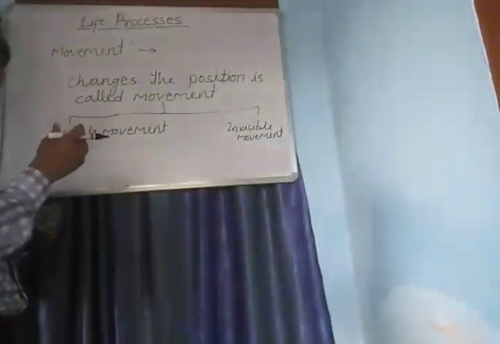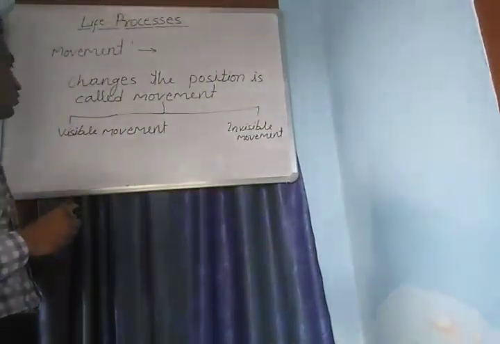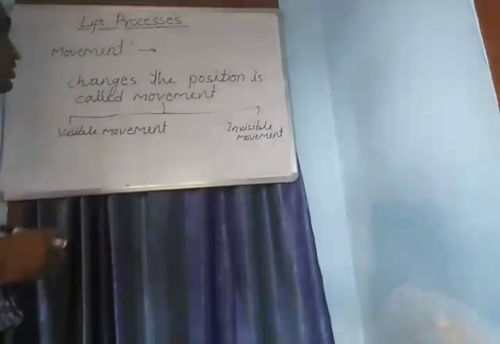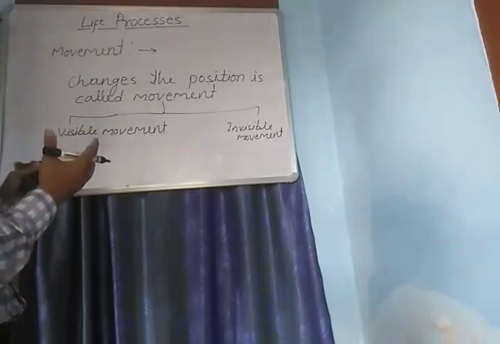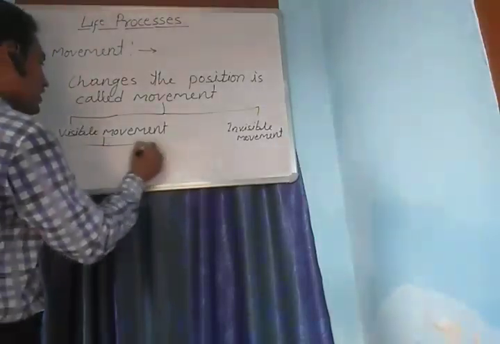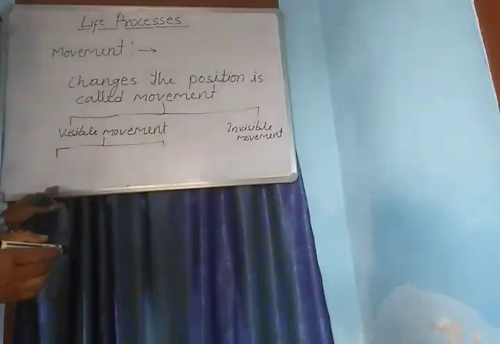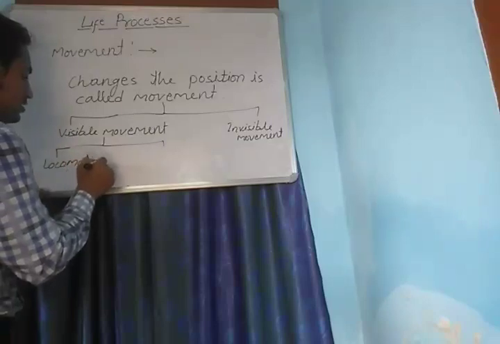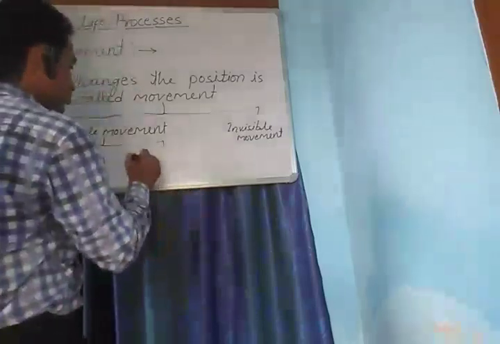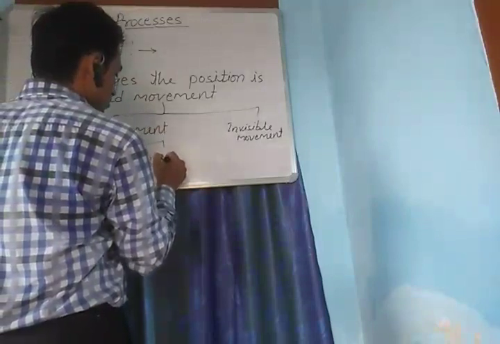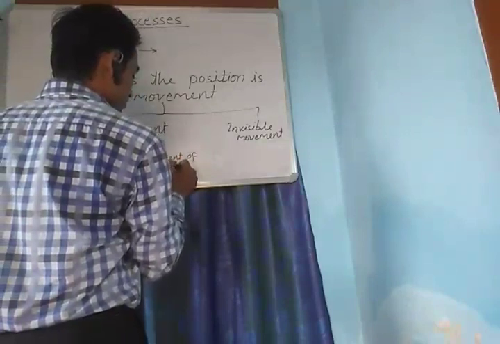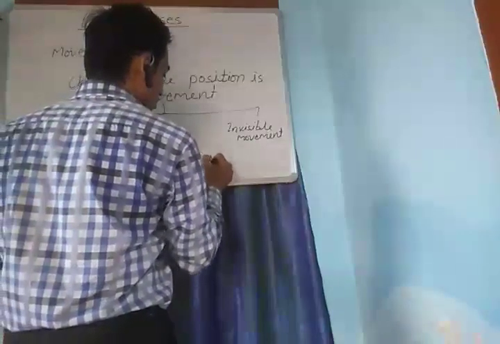Now let's learn about it. Visible movements are the movements which can be seen by the eyes or detected by the sense organs. Visible movements are divided into two categories: the first is locomotion and the second is movement of the parts of the body.